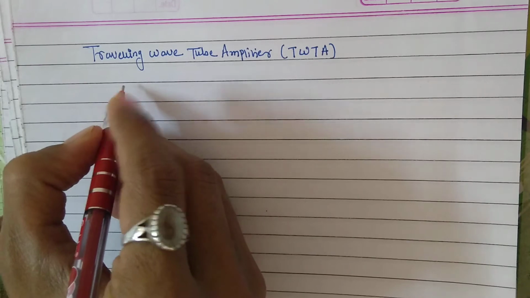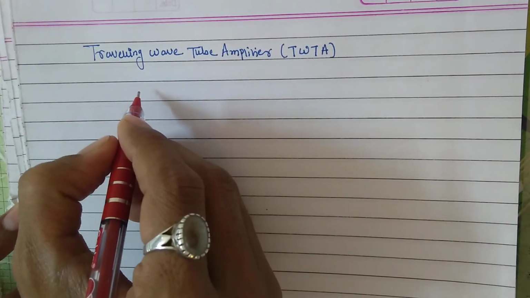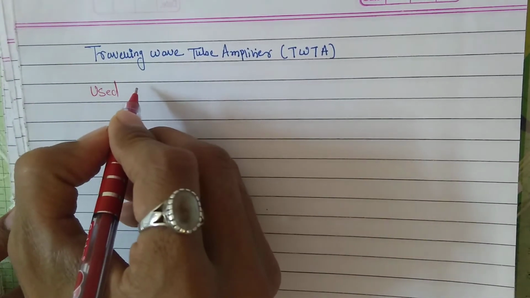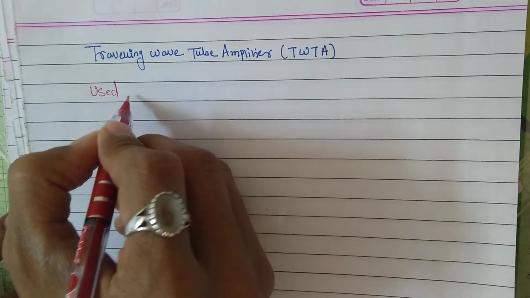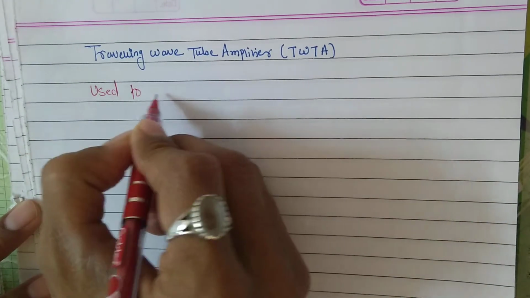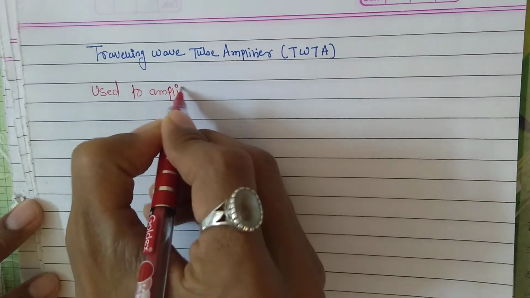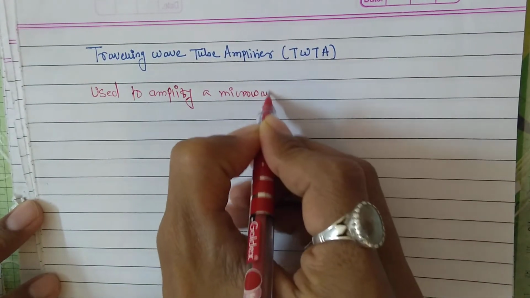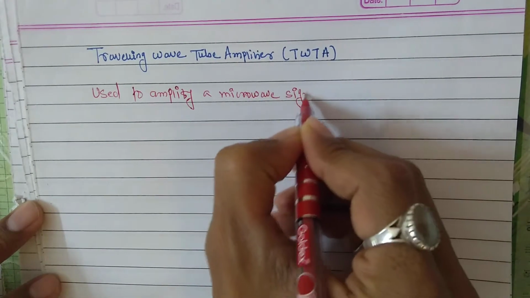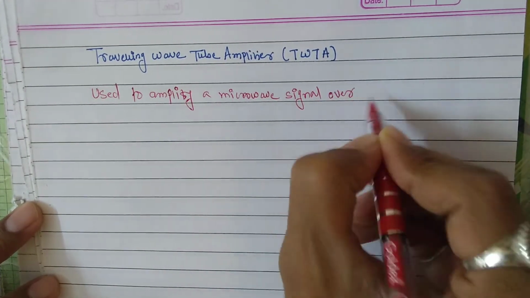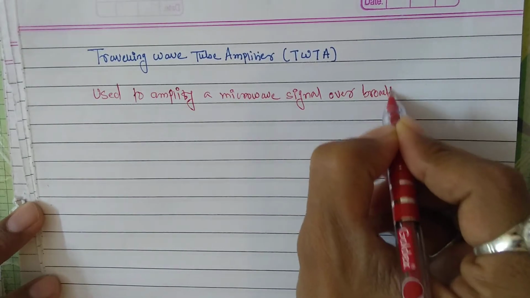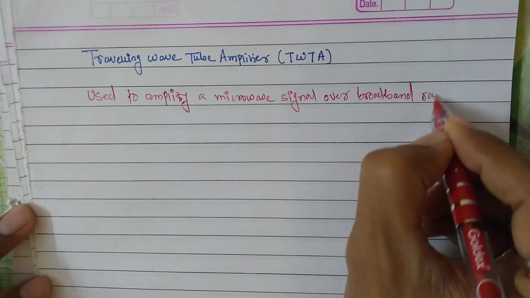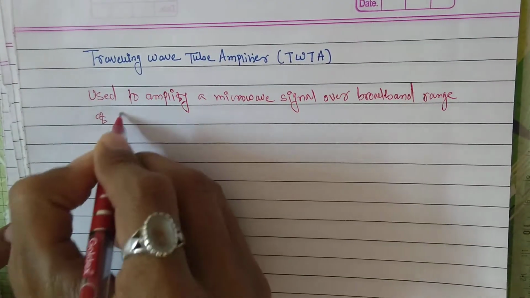We should consider this particular tube because it is used to amplify a microwave signal over a broadband range of frequencies.